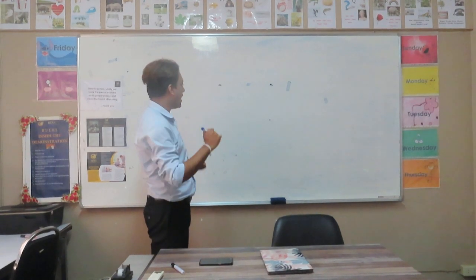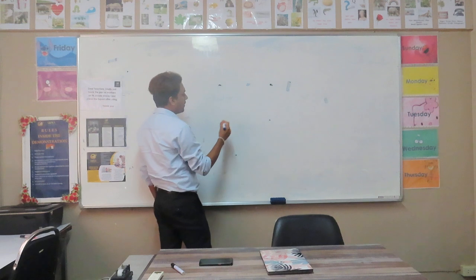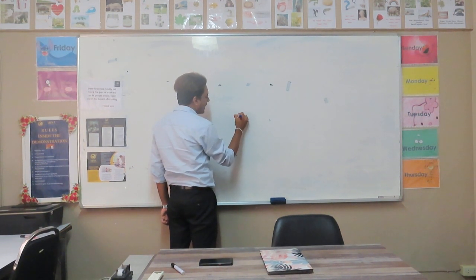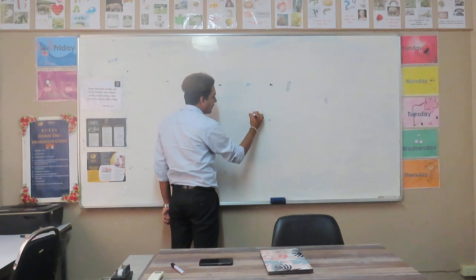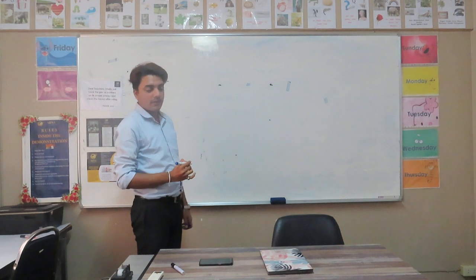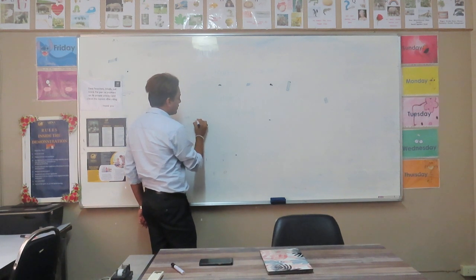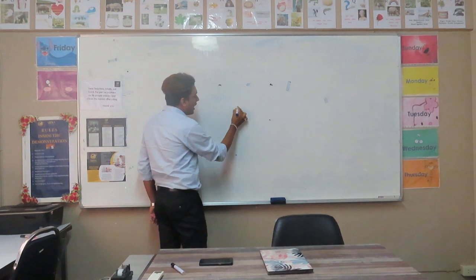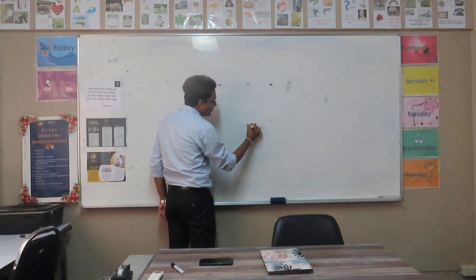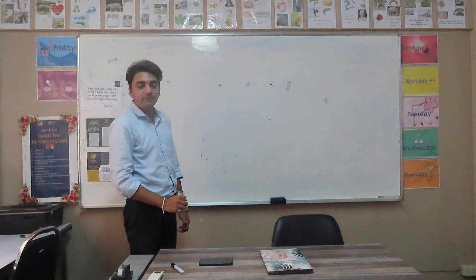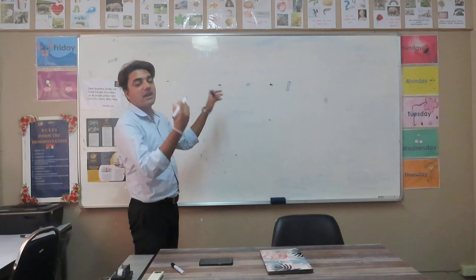So I'm going to form one equation, a simple equation. Let's say 2m is equals to 4. Now 2 is a coefficient, m is a variable. Okay? And this is a very simple equation.